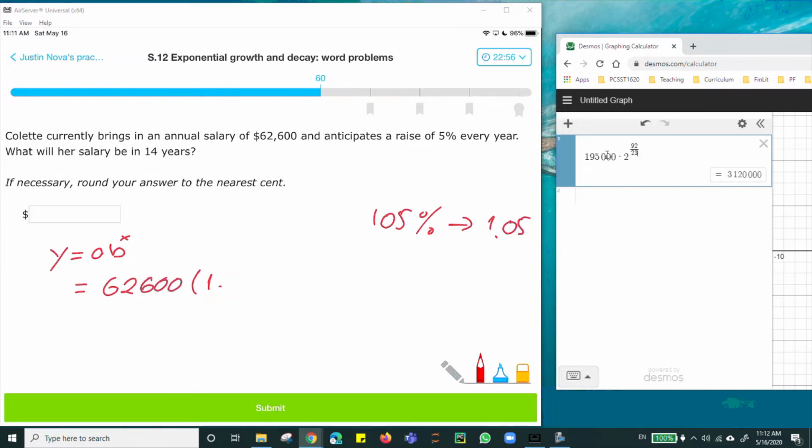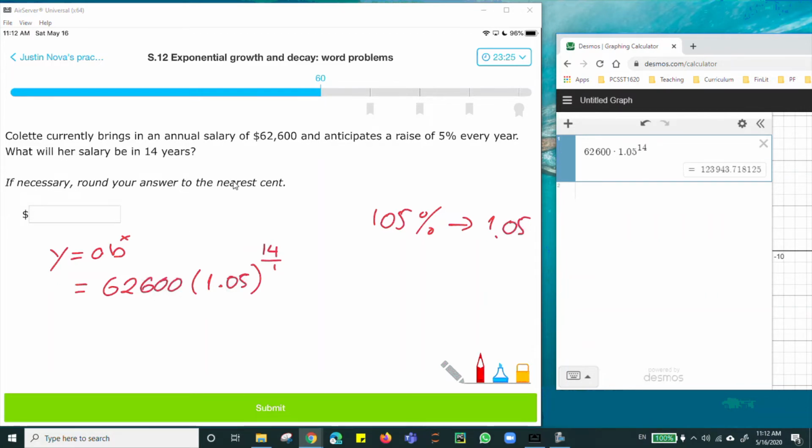So 1.05. And then it says every year, and then I'm going to calculate 14 years. So 14 divided by 1 is 14. So let's do this calculation in our calculator. 62,600 times 1.05, raise that to 14. And that's our answer.